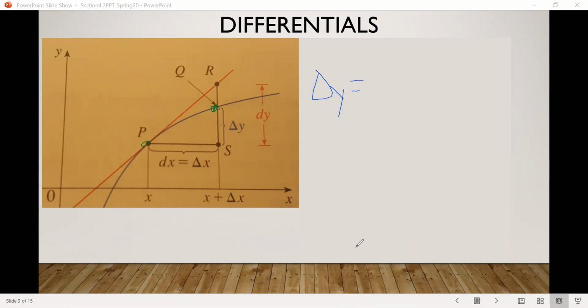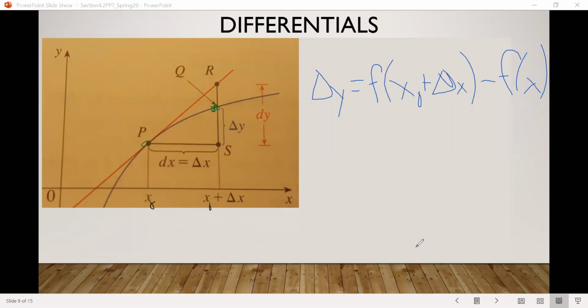And sorry, that should be x sub naught and x sub naught plus delta x. So to find that value, we're simply going to do f of x sub naught plus delta x minus f of x.